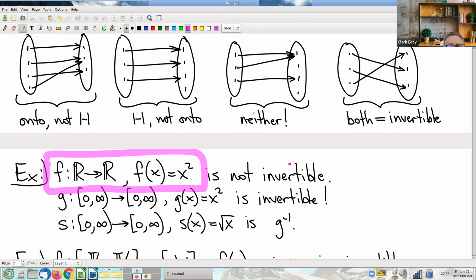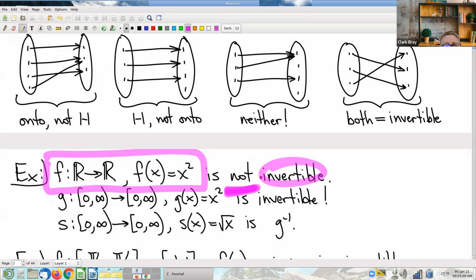A lot of people say, oh yeah, no, the way you undo a squaring is to take the square root. But you know, this function is not invertible. Right? This function is not surjective.